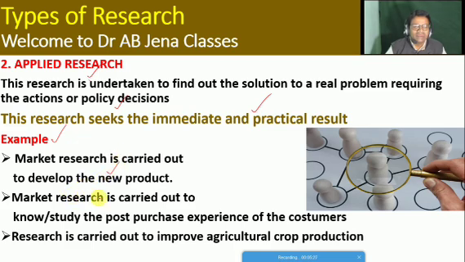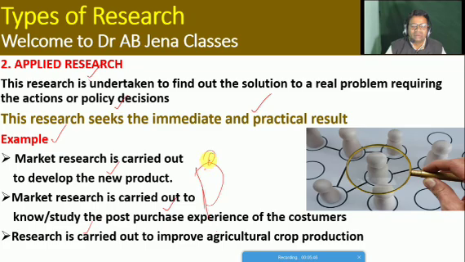Another example: market research is carried out to study the post-purchase experiences of customers. Similarly, research carried out to improve agricultural crop production. These examples come under applied research.